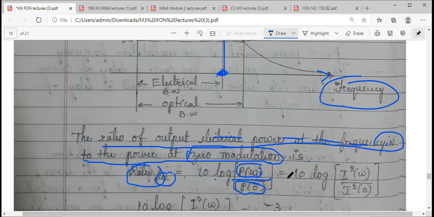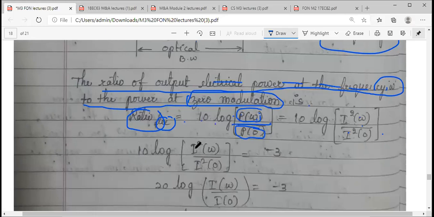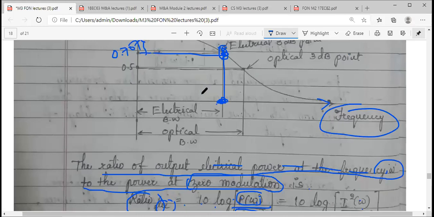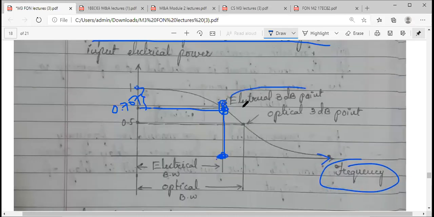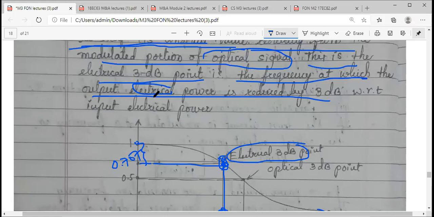It is nothing but 10 log, where P equals I square R, as you know. Taking that, it is I square of W by I square of 0. According to the definition, the output is reduced by 3 dB.